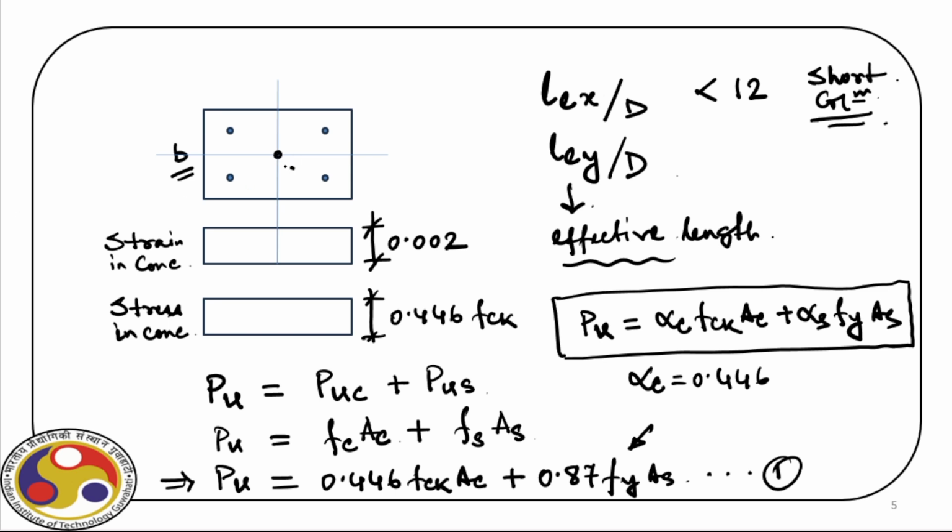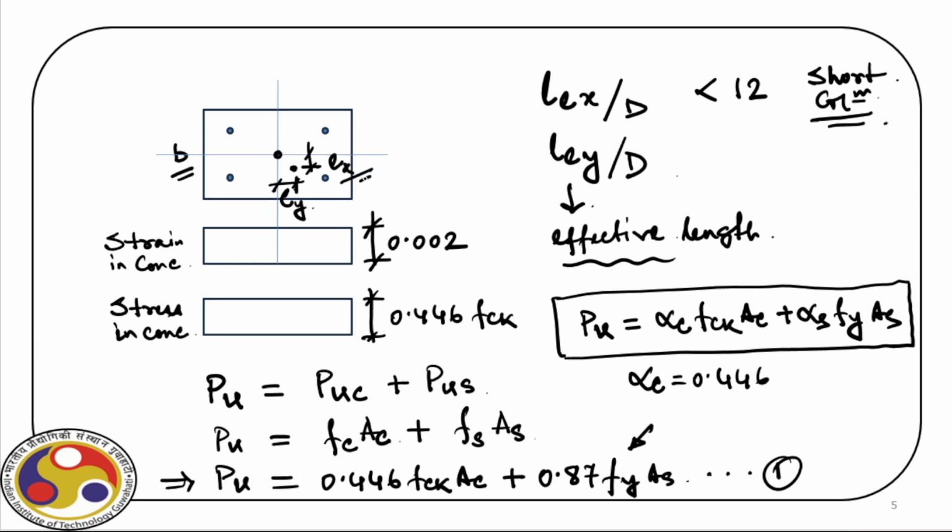So instead of this point, we apply the load here, and therefore we have eccentricity along both the axes. So this is, say, the eccentricity. And for the time being, let us just consider, say, Ex, and similarly we have Ey.